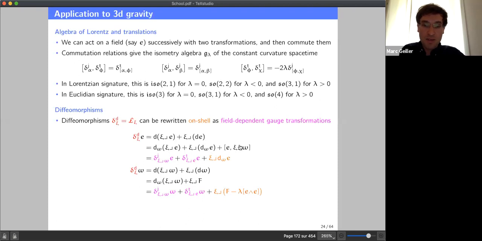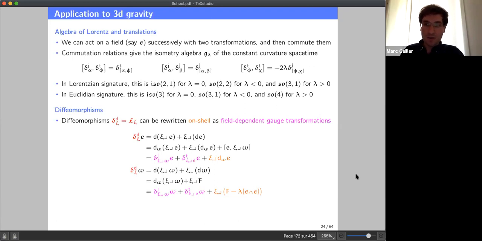And if you massage this second equality a bit, you can show essentially that this is a Lorentz transformation delta J plus a translation delta T with field-dependent parameters, plus the equations of motion, so the vector xi contracted with the torsion equation. And it's completely analogous in the case of a diffeomorphism acting on the connection. You do a bit the same manipulation, and you get exactly the same result.